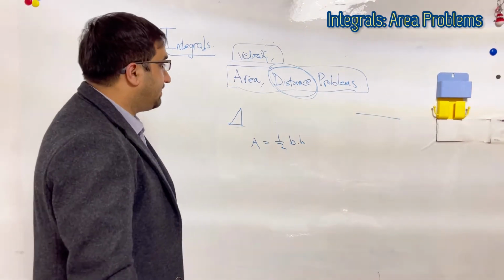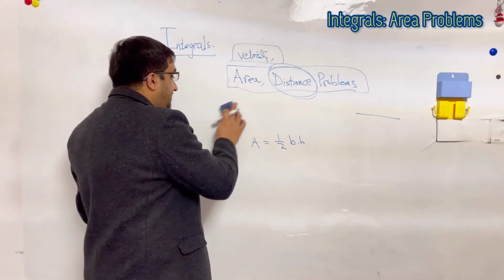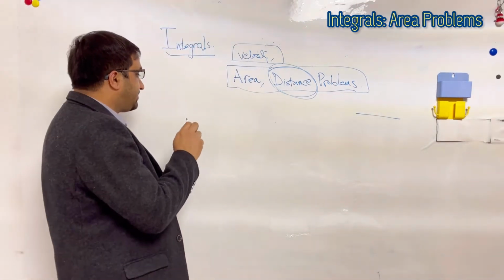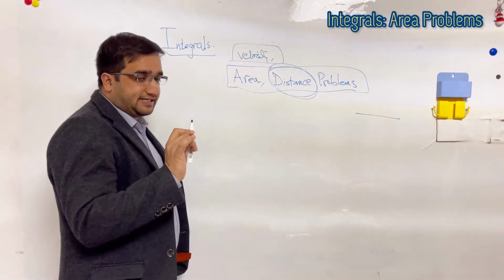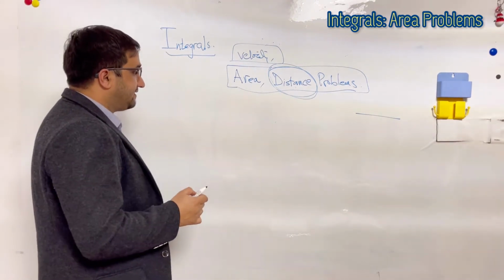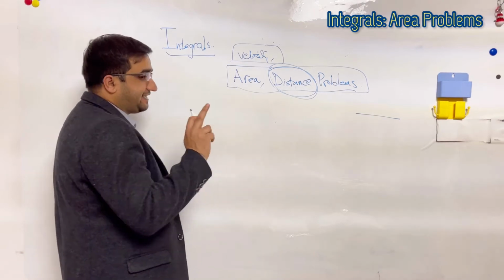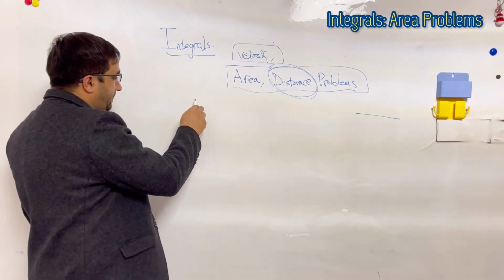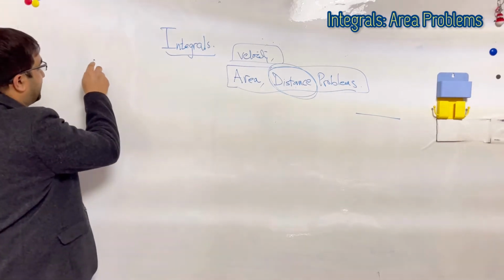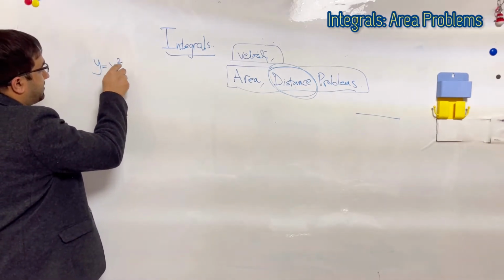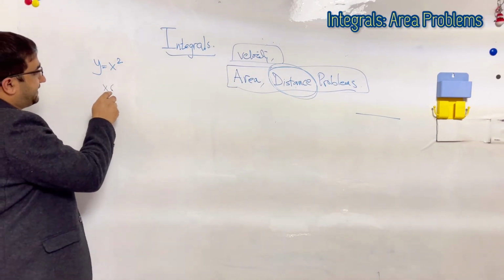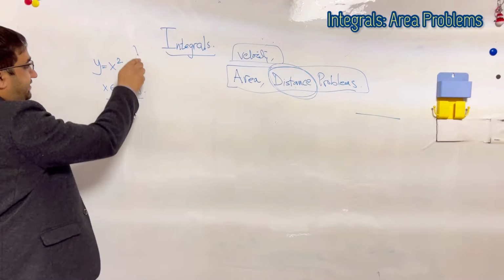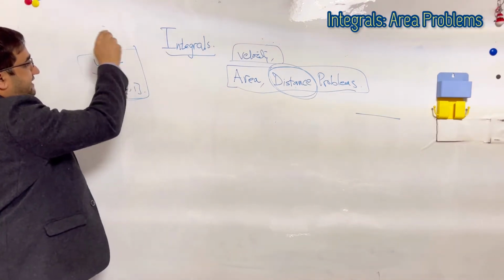But here we are trying to look into a situation where one side of the shape, whatever the figure is, is not a straight line. If you recall yesterday's talk, we said that for the parabola in the interval 0, 1, we are interested in this interval for this curve.